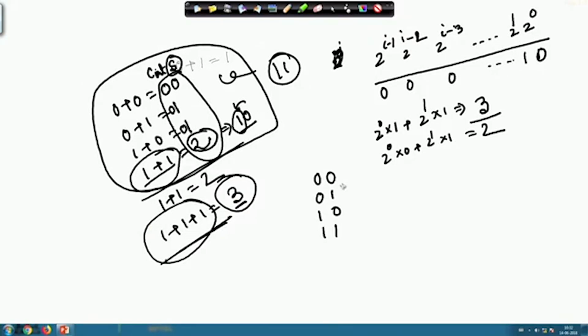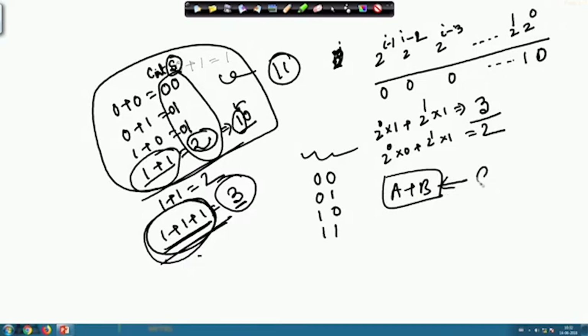That means using 2 bits only I can accommodate these three 1s, where A and B are two inputs, along with C in or carry in, which is another input, and I am considering the C out and sum as the 2-bit output.